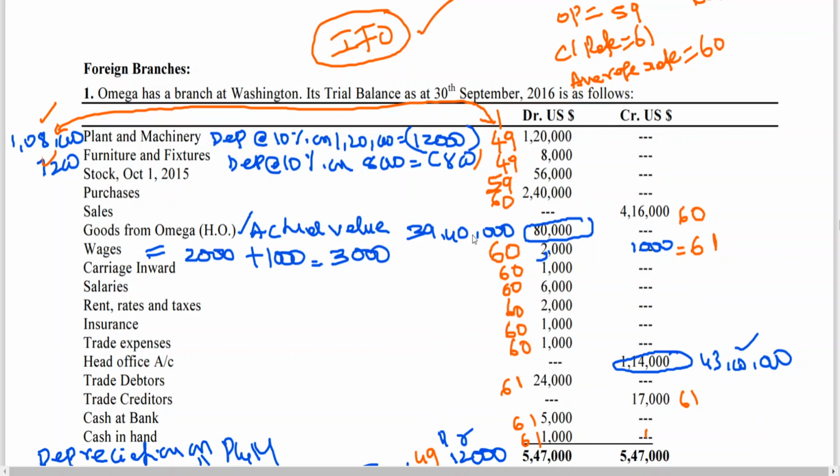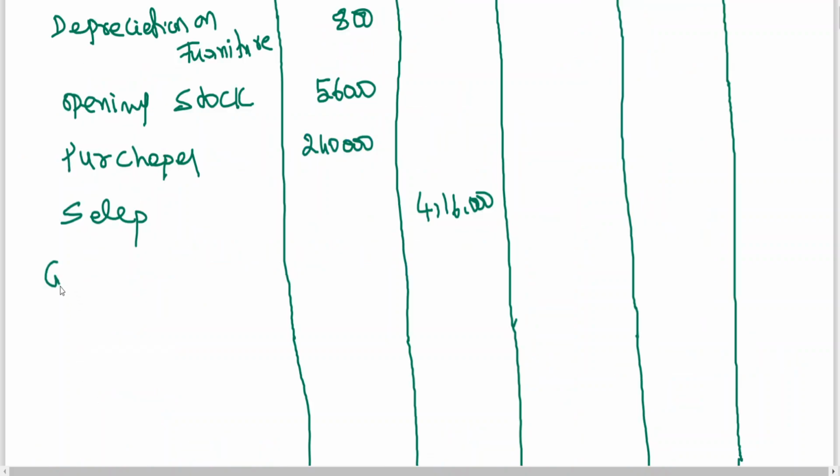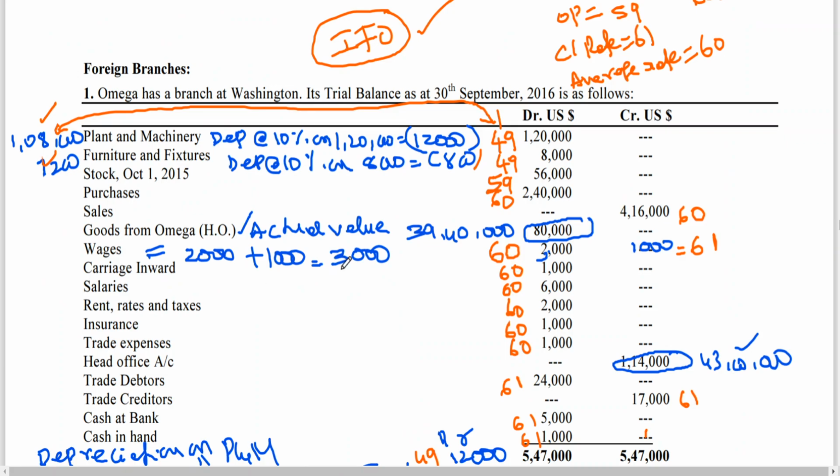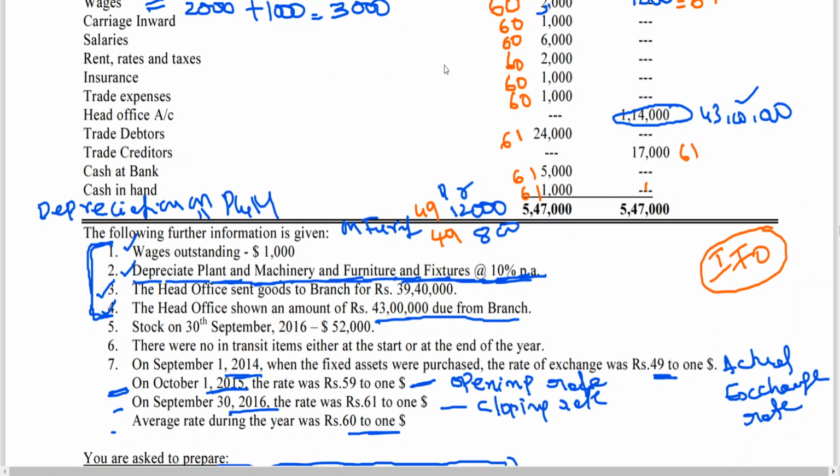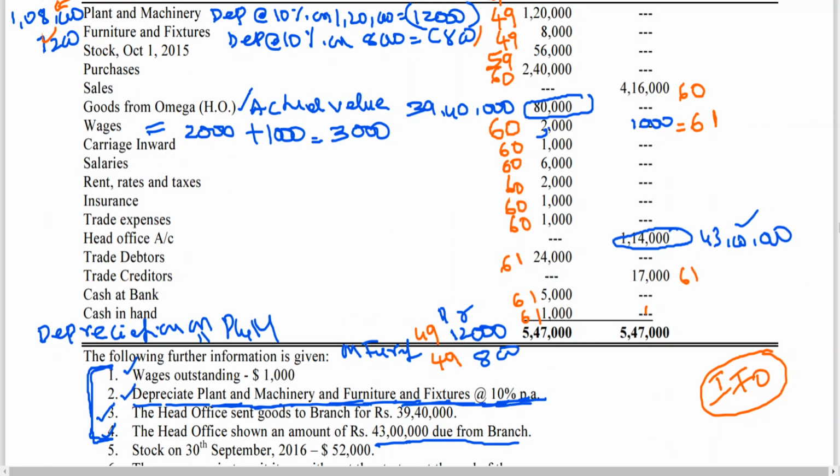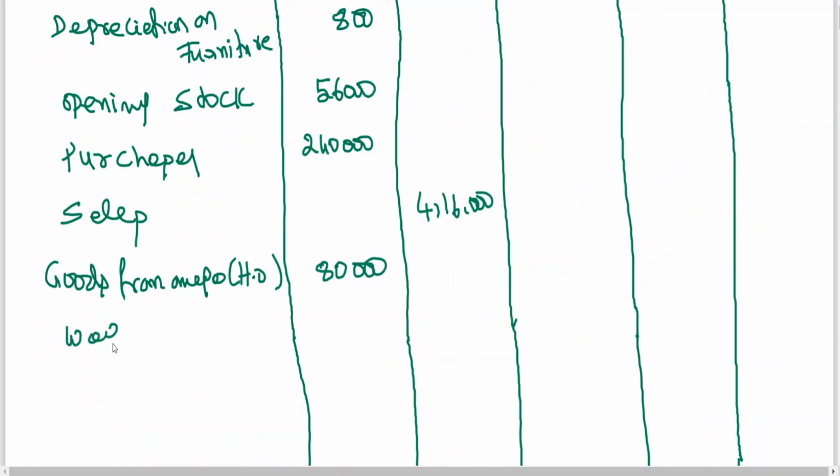Even though here I have written for converting Indian currency, when you're writing the dollars, you should write dollars only. Goods from Omega, head office 80,000. Then we got wages. I told you to add that 1,000. Outstanding wages 1,000.